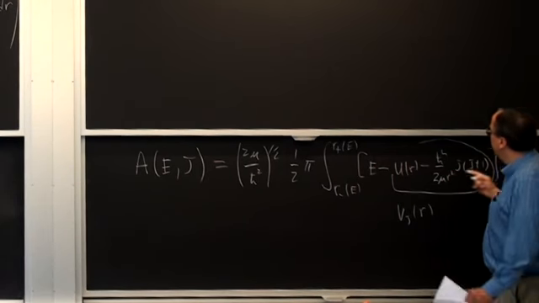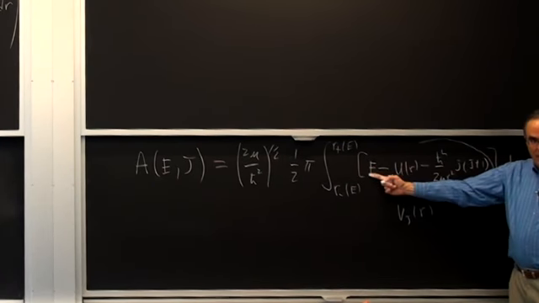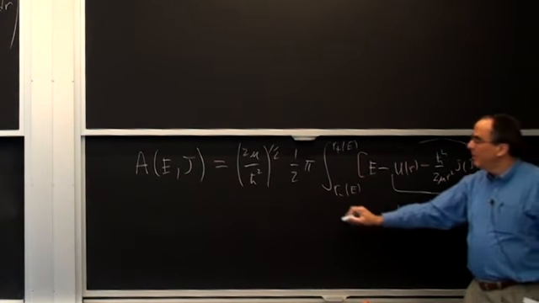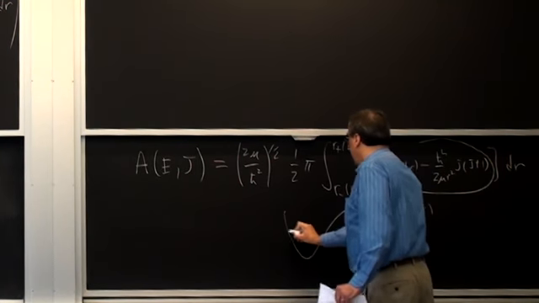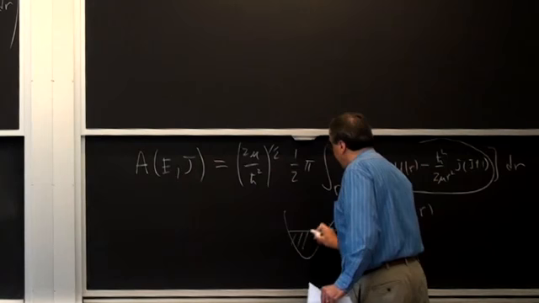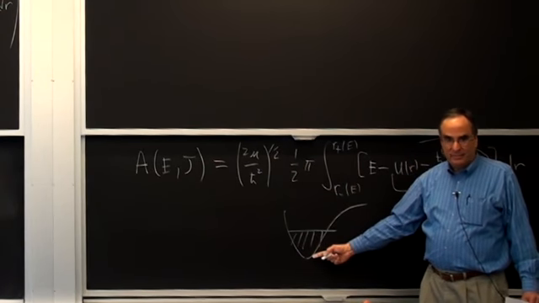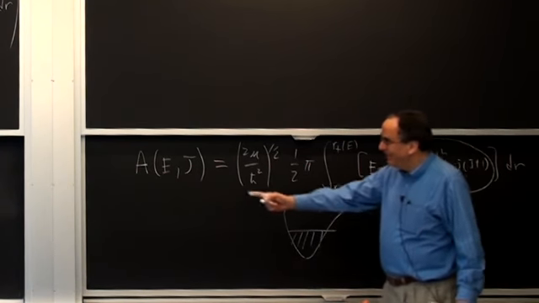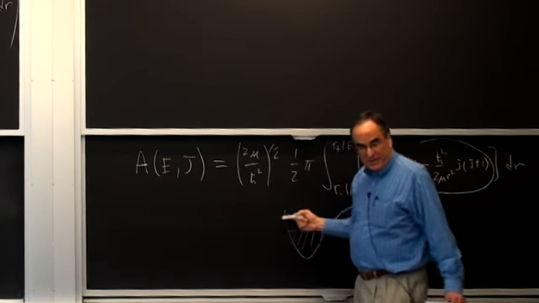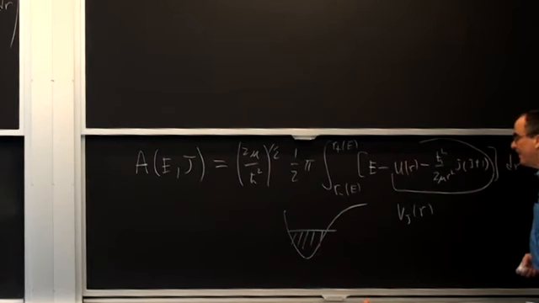And so this difference is the energy. So if we have the potential like this, and this is the energy, A is just the area. That's why it's called A. Now there's some other stuff to make it dimensionally consistent.